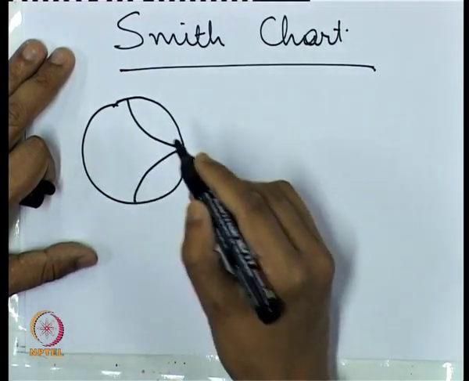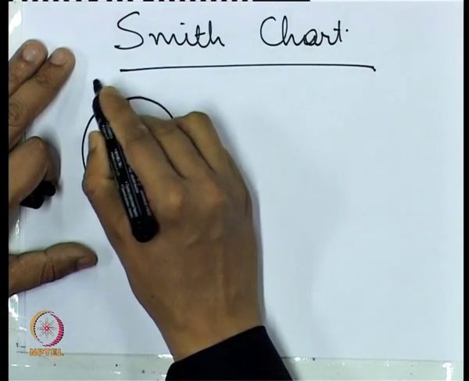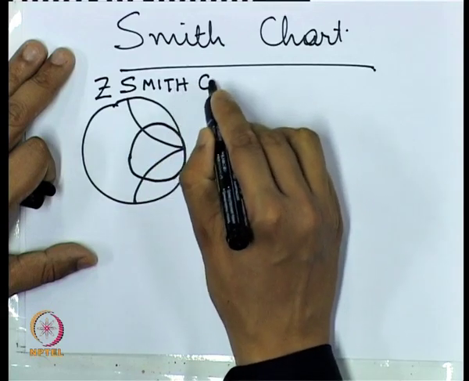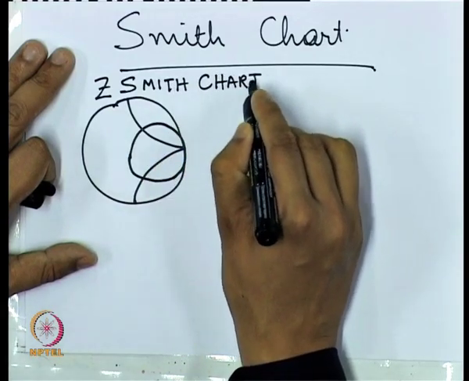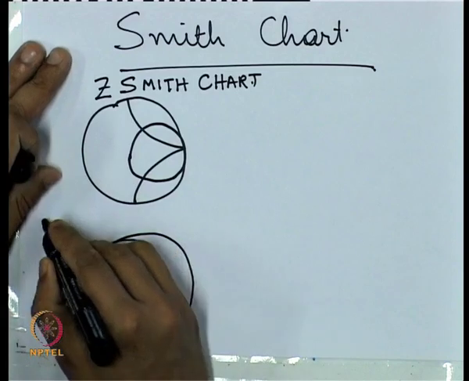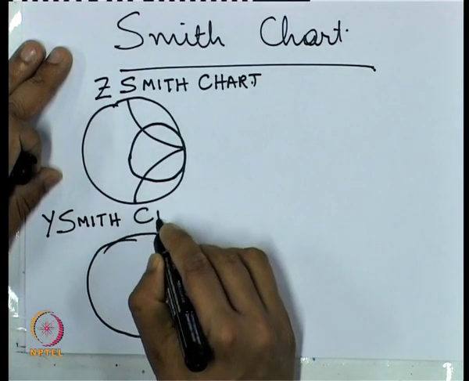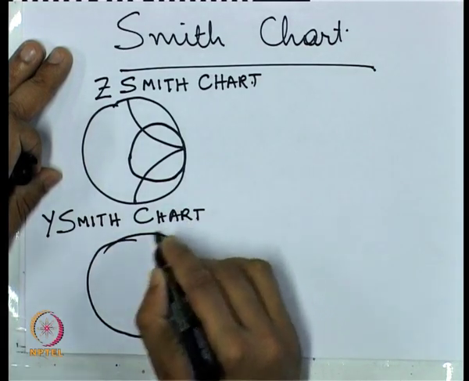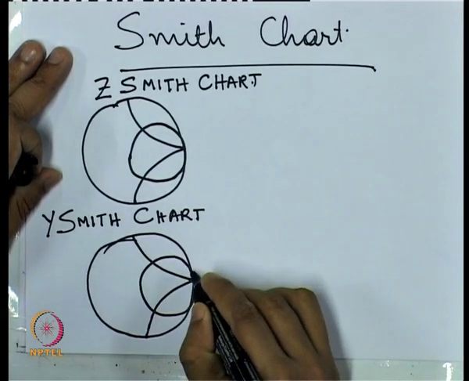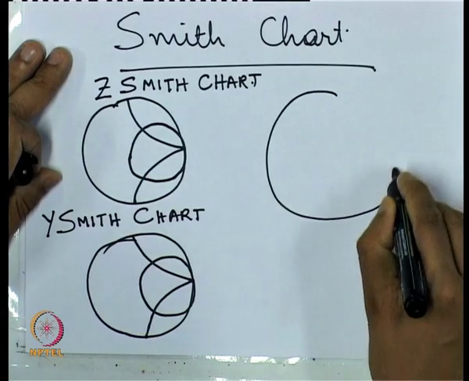One is the Z Smith chart, the other is a Y Smith chart. And when we combine both, we get what is called a ZY Smith chart.